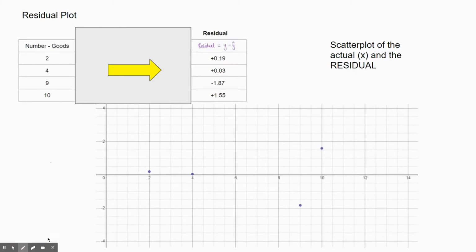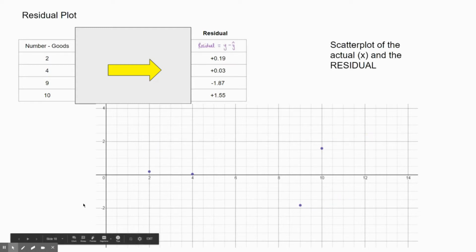Then you graph each of them, the number of goods with the residual. So right here, this is 2, 0.19. Right here is 4, 0.03. Over here is the 9, negative 1.87. And then finally, you've got 10, 1.55.